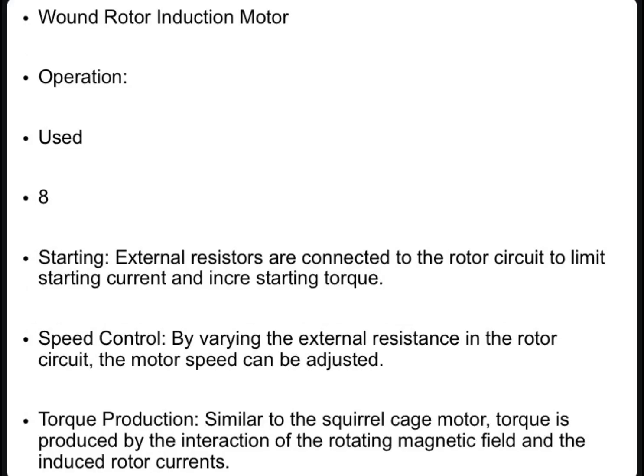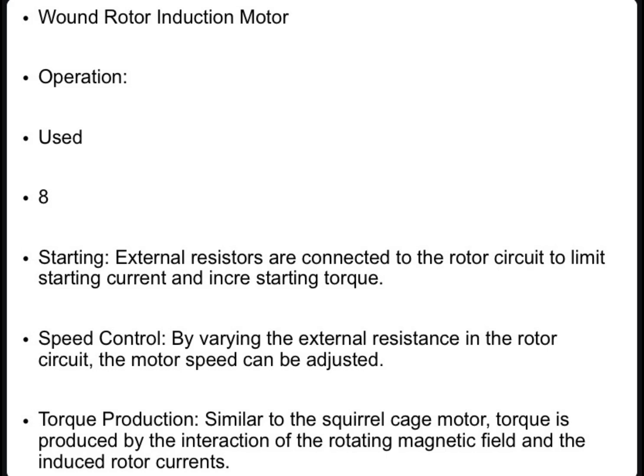Wound rotor induction motor. Operation. Starting. External resistors are connected to the rotor circuit to limit starting current and increase starting torque. Speed control. By varying the external resistance in the rotor circuit, the motor speed can be adjusted. Torque production.